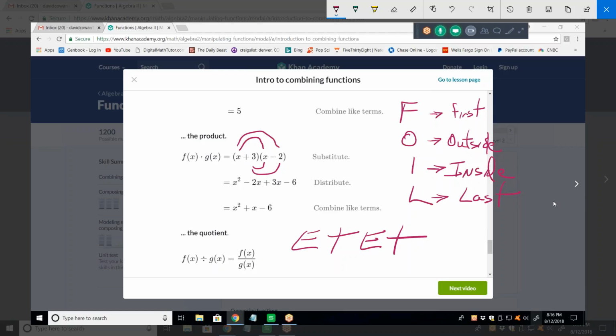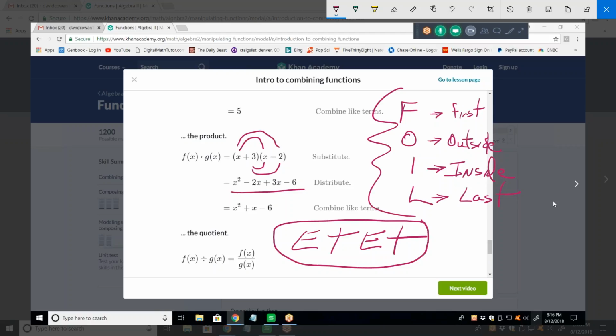That's how I get to this step right there. The reason I prefer ET is because this works when you have 3 terms times 2 terms, or 3 terms times 3 terms. Whereas FOIL does not. FOIL works only when you have 2 terms times 2 terms.